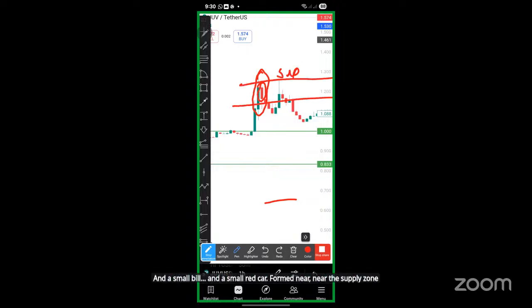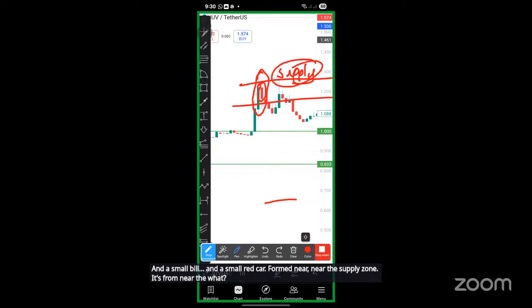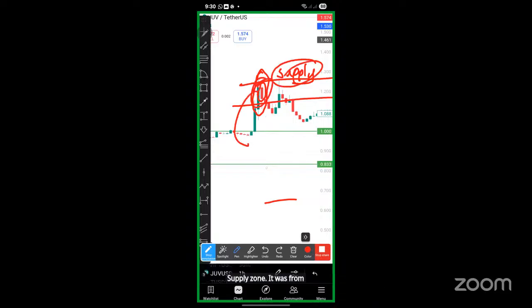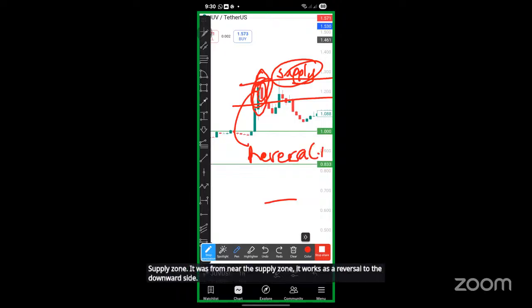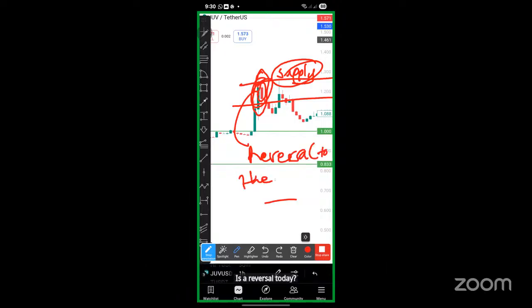It's formed near the what? Supply zone. And once formed near the supply zone, it works as a reversal to the downward side. Reversal to the downside if at all it is formed here in the supply zone.